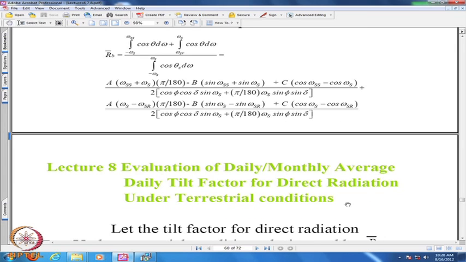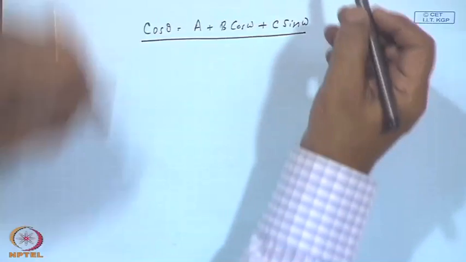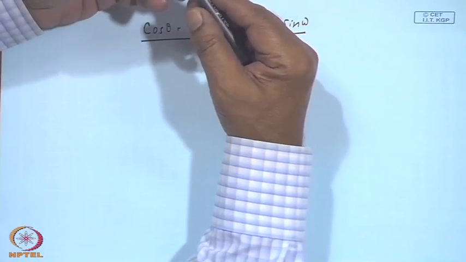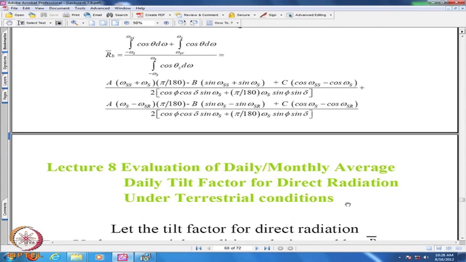So far, we assumed that the evaluation can be done under extraterrestrial conditions, and the accuracy had been reasonable, at least for south facing surfaces, by comparing with the data. And now, we will see if we can evaluate under terrestrial conditions.